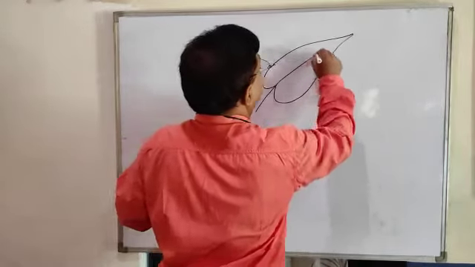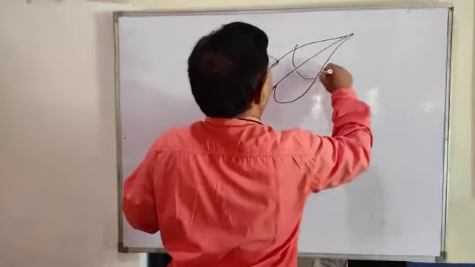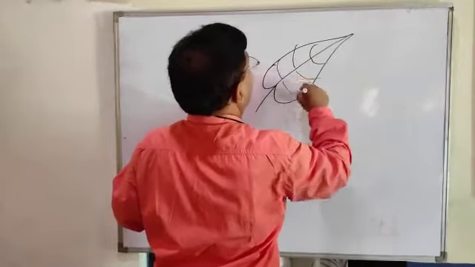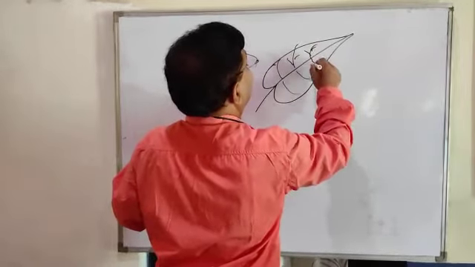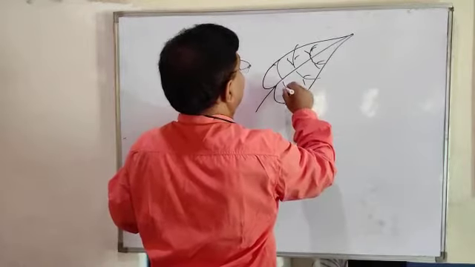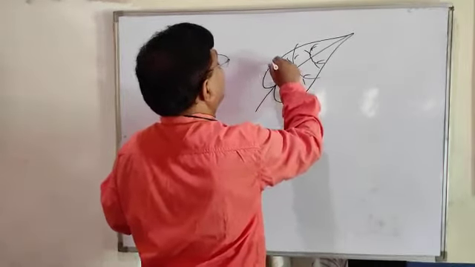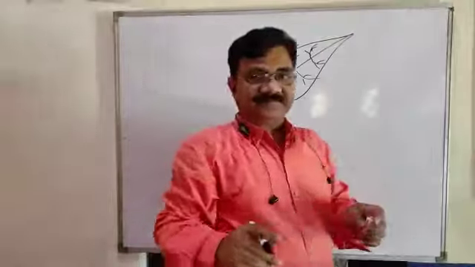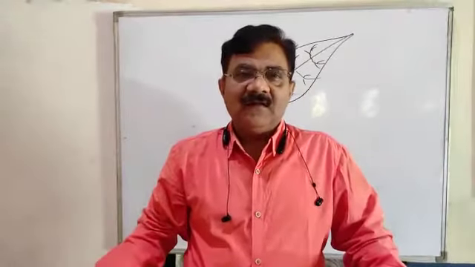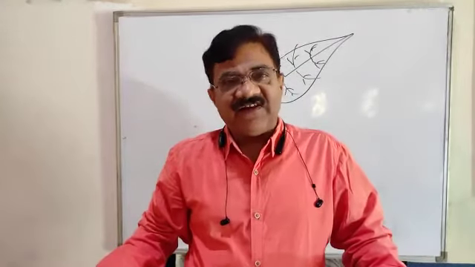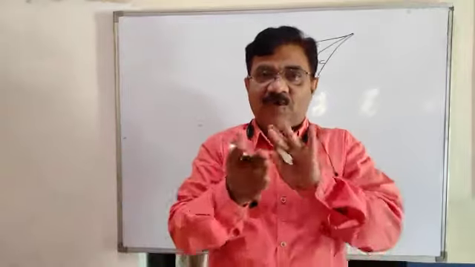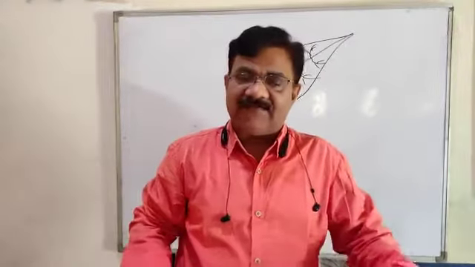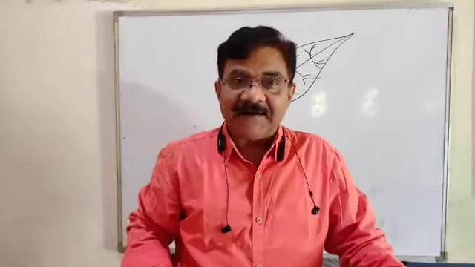In a dicot leaf, the venation is reticulate. Here, network-like veins are there. The upper surface is smooth and the lower surface of the leaf is a little bit rough.